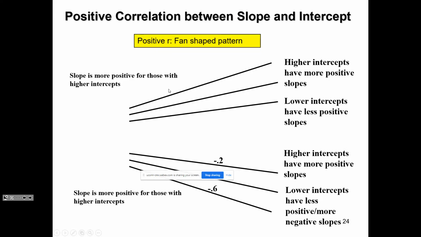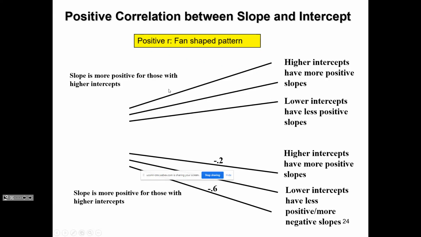Now you're also going to get a fan-shaped pattern if you have a negative slope and a positive correlation. And this is where people sometimes get tripped up: it's still saying people with higher intercepts have more positive slopes. It's just that the slope is negative now. So having a more positive slope actually means it's less steep, less negatively steep. Over here, if you've got a positive slope and a positive correlation, the higher people are growing faster.